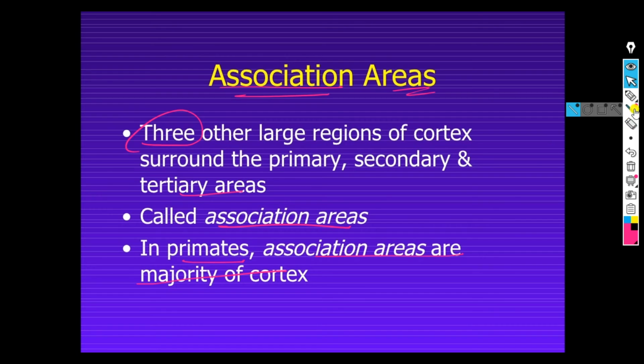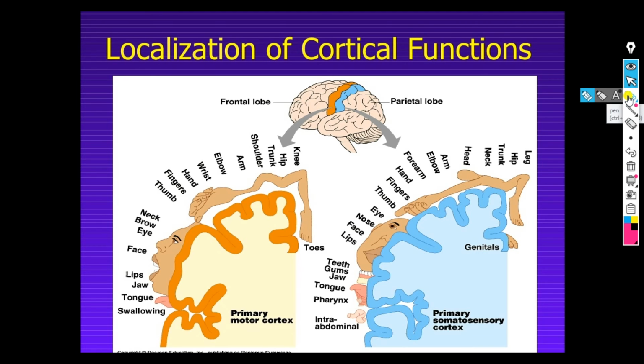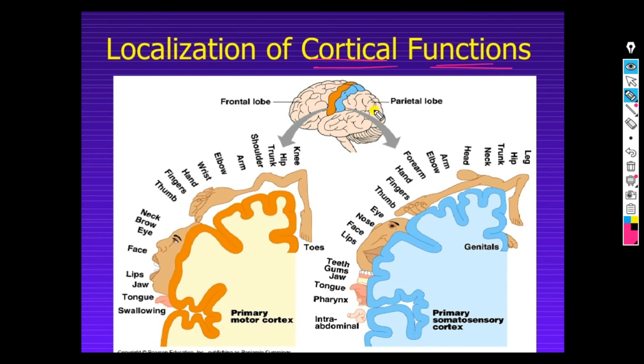We can see the homunculus. The homunculus is the arrangement in the cortex of the brain.